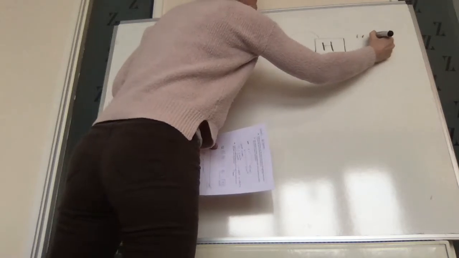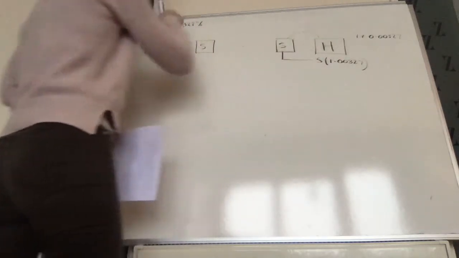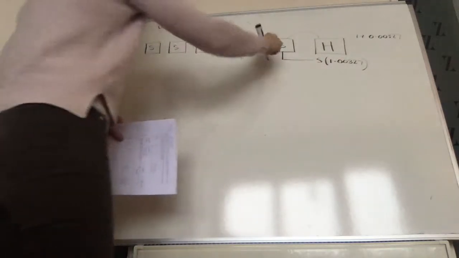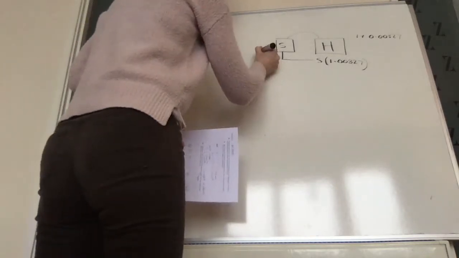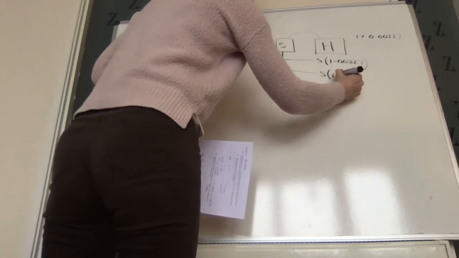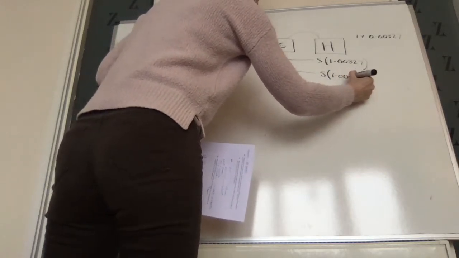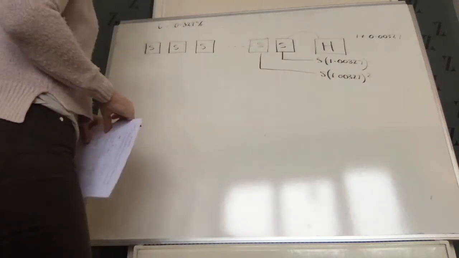That's 1 plus 0.00327. As we go further back, the second one, the payment before that will have been S times 1.00327 to the power of 2. That's what that payment will be worth by the time she collects.